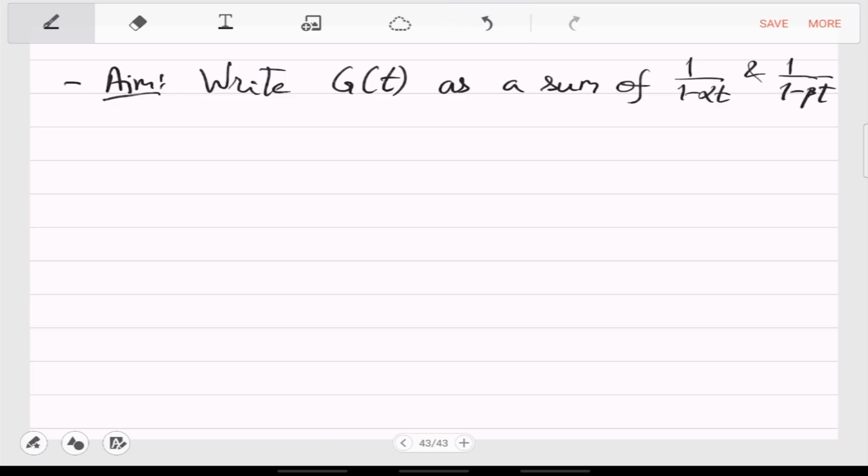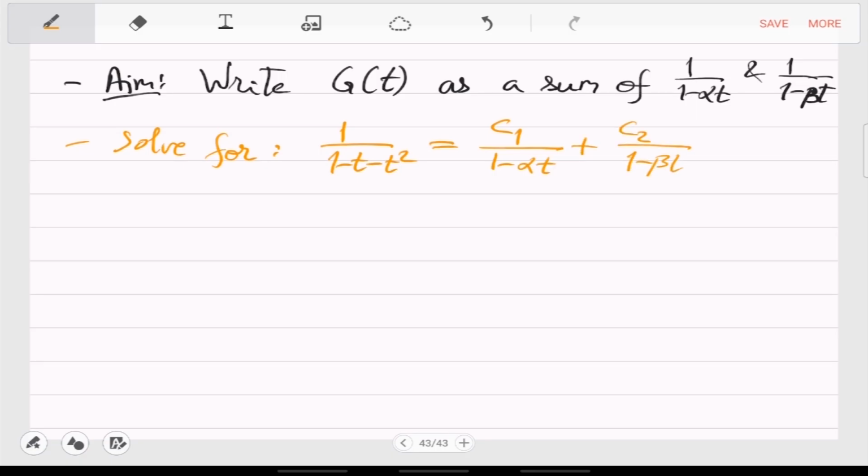Now why should this be possible? Well, you can just check this. You write 1 over 1 minus t square equal to C1 over 1 minus alpha t plus C2 over 1 minus beta t.